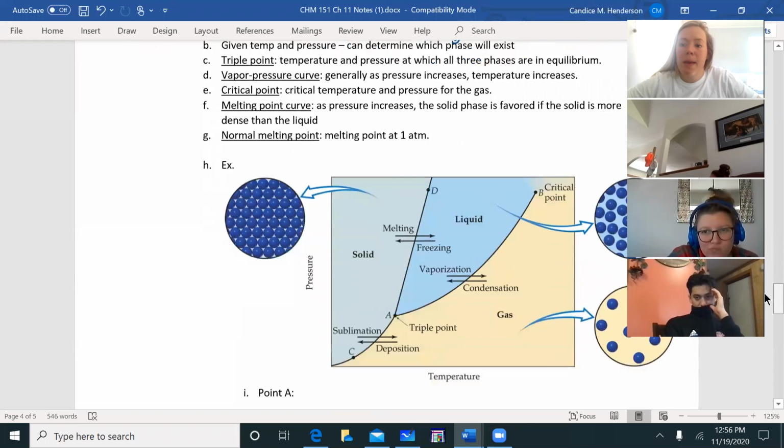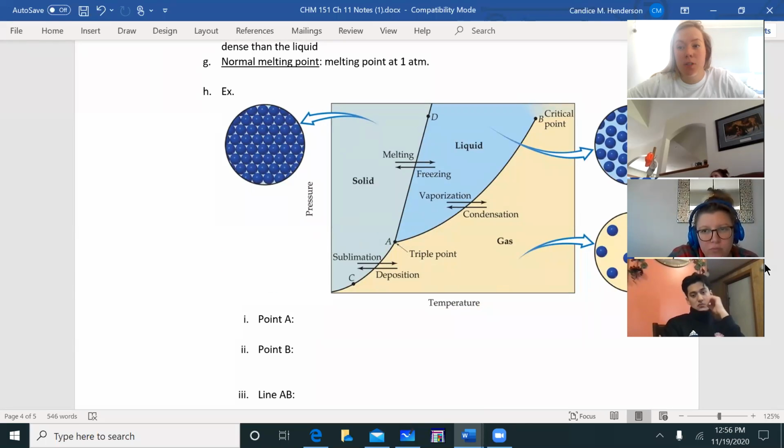So depending on what temperature and what pressure we're at, we can use one of these to figure out what phase we're going to be in. Because temperature isn't the only thing that dictates phase. Pressure also dictates what phase we're in. If we're under a very high pressure system, it will force your molecules together.